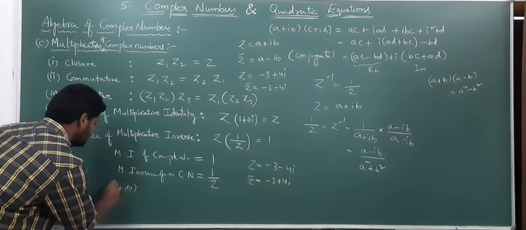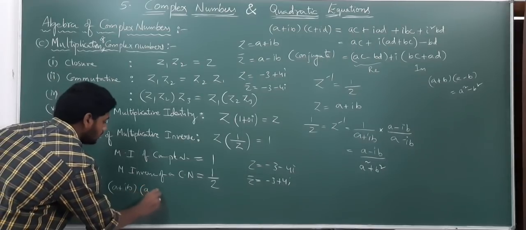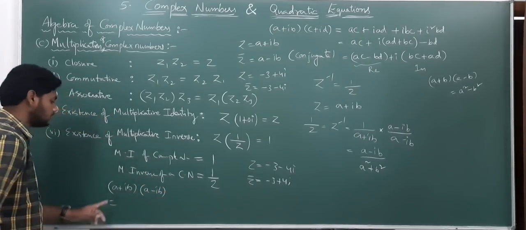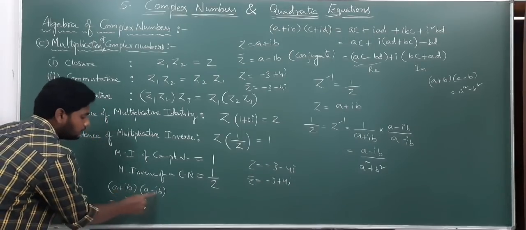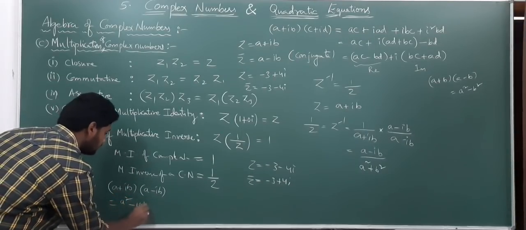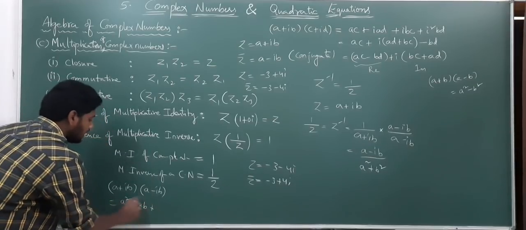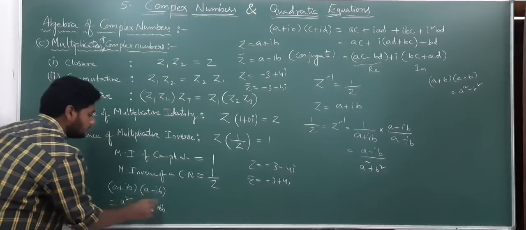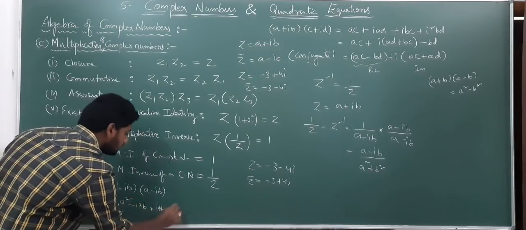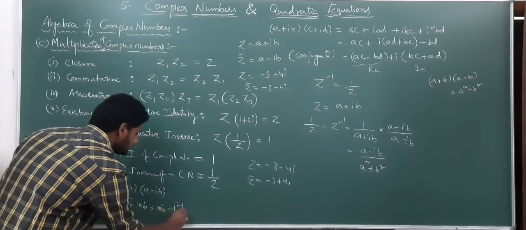A plus ib into a minus ib. See, multiply here: a into a, a square; a into minus ib, so minus iab; plus ib into a, plus iab; plus ib into minus ib, minus i square b square.